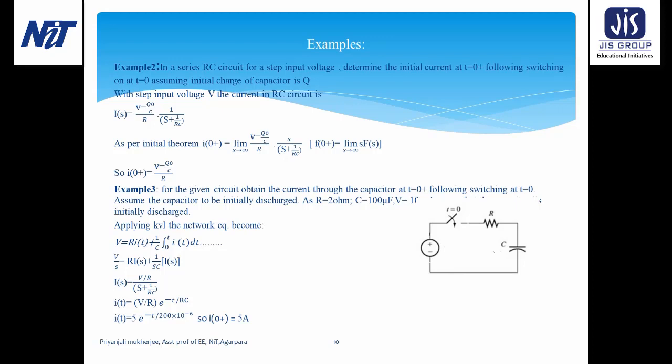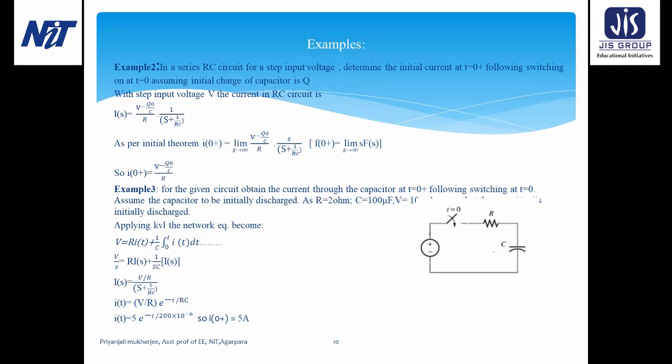Here, in a series RC circuit for a step input voltage, we need to find out the initial current at t equal to 0 plus following the switching on at t equal to 0, assuming the initial charge of the capacitor is Q0. So for the step input voltage V, the current in the RC circuit is I(s) equal to (V minus Q0 by C) divided by R into 1 by (S plus 1 by RC).